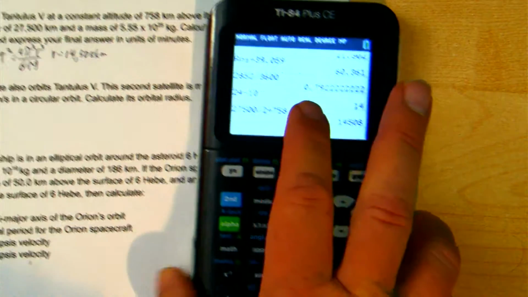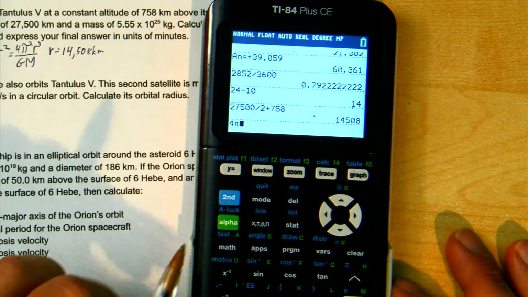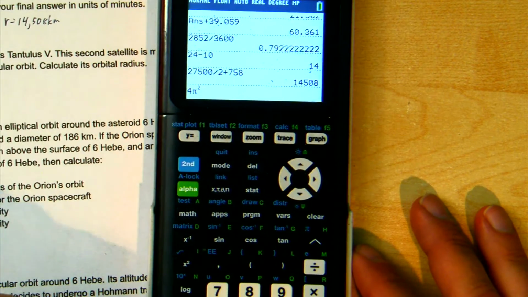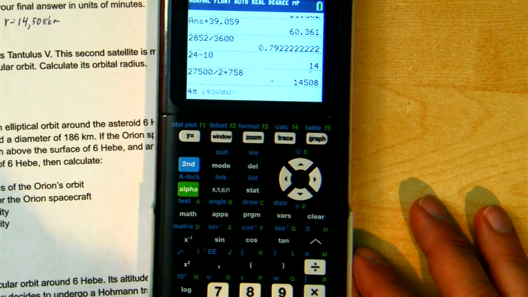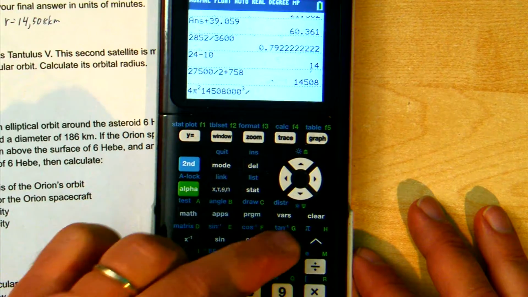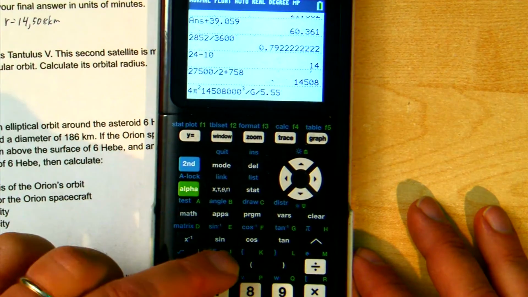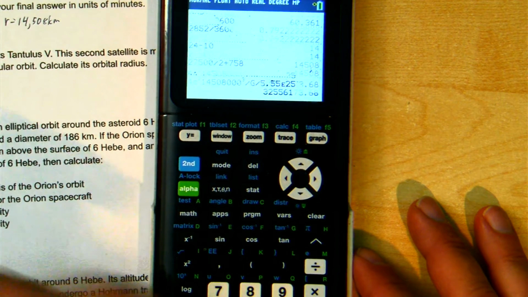Well, so 4 pi squared. Now I have to turn kilometers to meters, so 14,508,000 cubed divided by G divided by 5.55 times 10 to the 25th power.